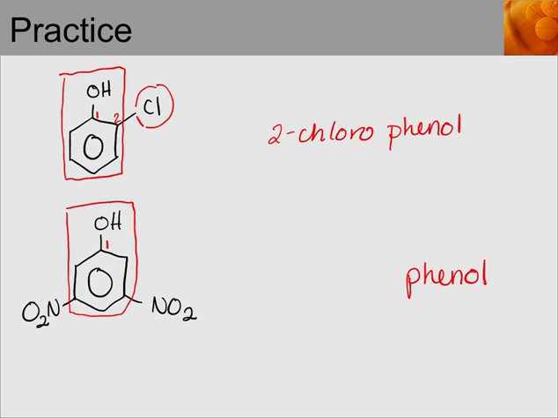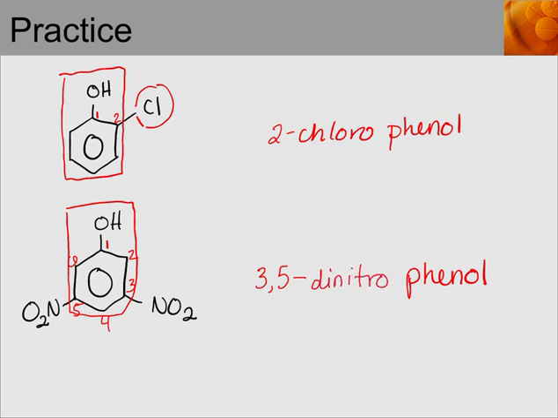The nitro groups will still have the same carbon numbers. So let's just go clockwise, make it easy here. Okay, so it looks like the nitro groups are on positions 3 and 5. So we'll write 3, comma 5 dash, and then don't forget the prefix di in front of nitro.